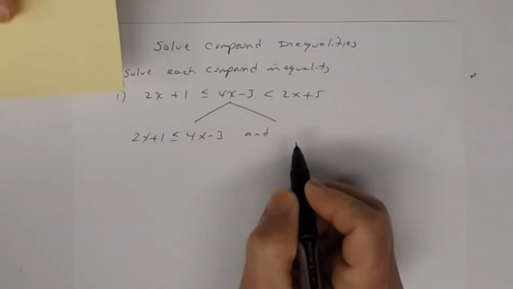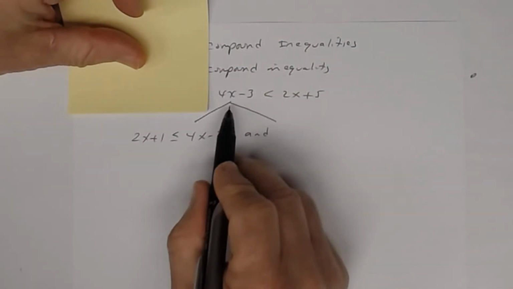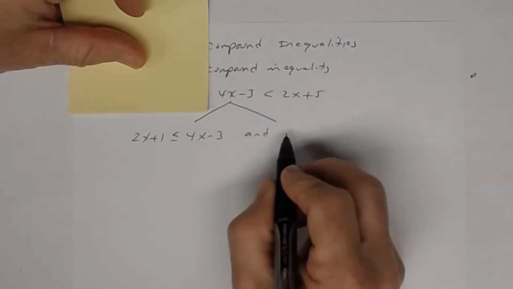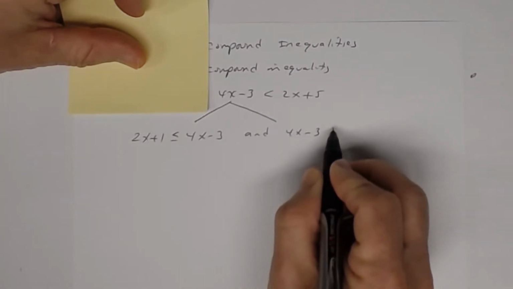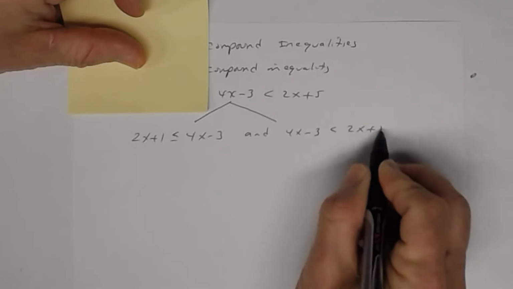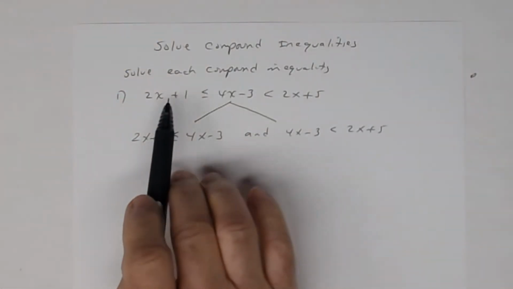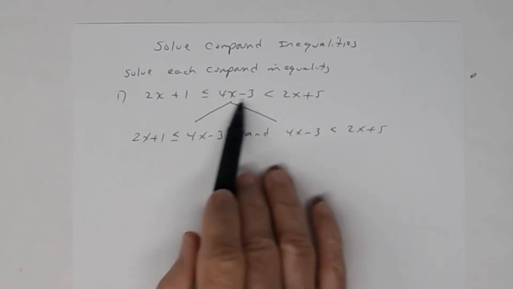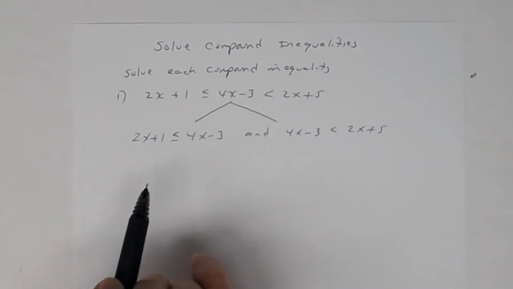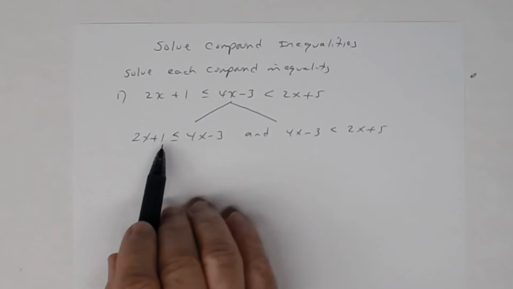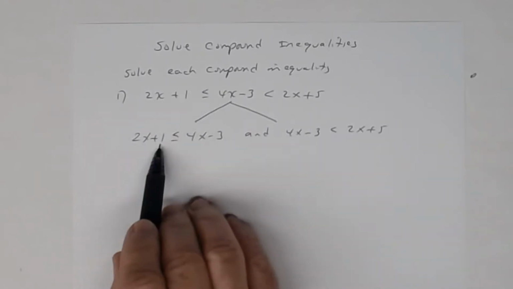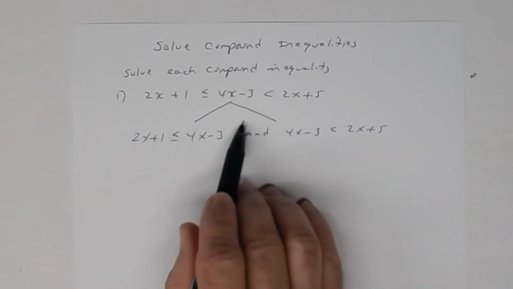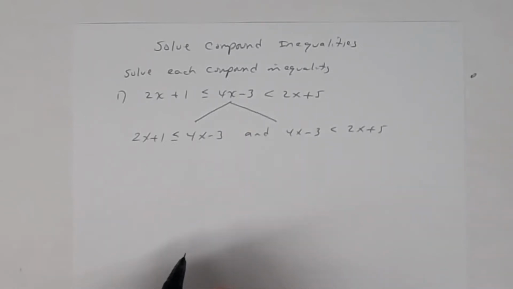And at the same time, cover this part up now, 4x minus 3 must be less than 2x plus 5. The solution to the original compound inequality can be found by looking at the solution of each of those simple inequalities and looking at the intersection of those 2.